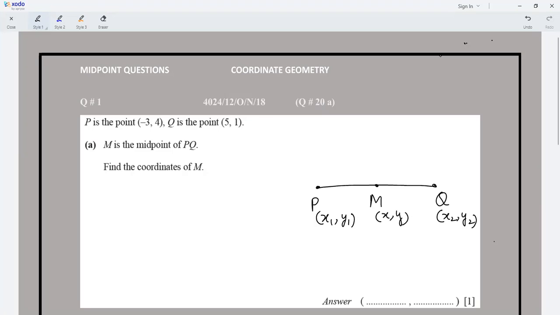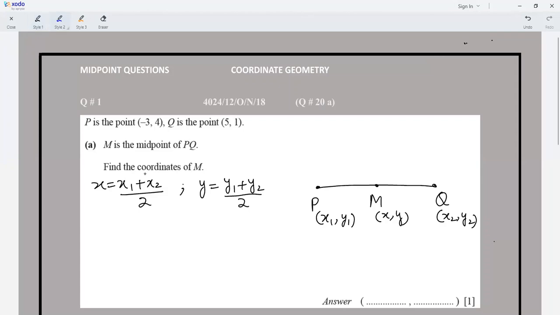How do we find the midpoint? We take the average of the x coordinates of P and Q, so x equals x1 plus x2 divided by 2. For the y coordinate of the midpoint, the formula is y1 plus y2 divided by 2. This is the average of the y coordinates of point P and point Q.